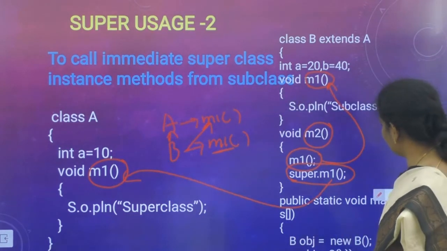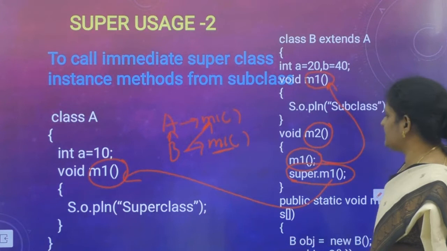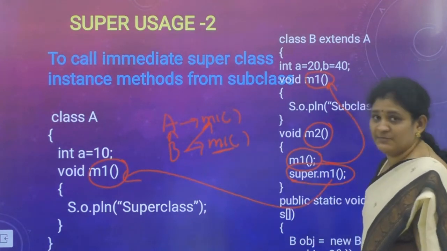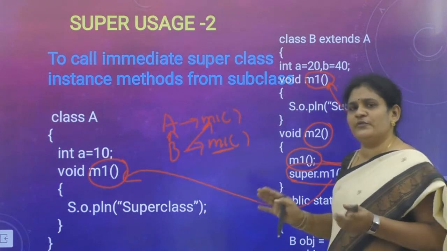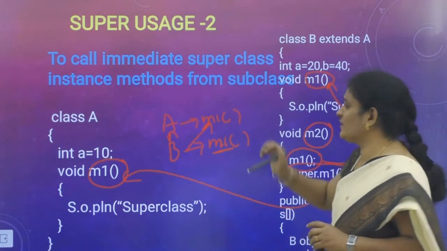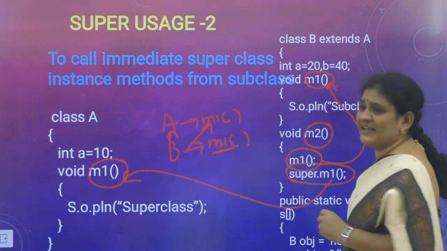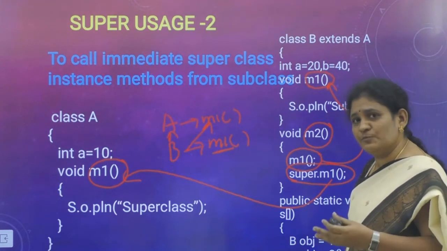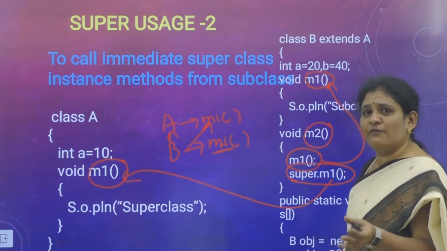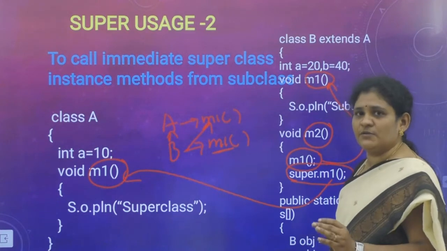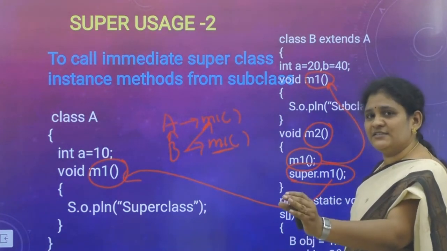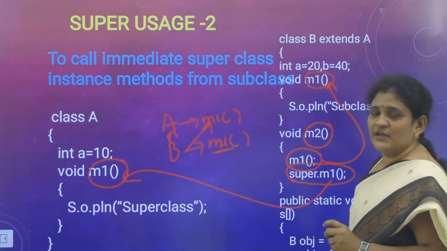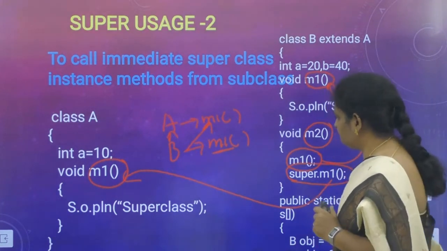So this is the way we can access the immediate superclass instance method when there is a name conflict. If there is no name conflict, then no need of using the super keyword. You can directly access it because you are extending the properties of A in class B. So no need of using the super keyword when there is no name conflict. If there is a name conflict, then only use the super keyword to access either instance variables or instance methods. Understand, students?